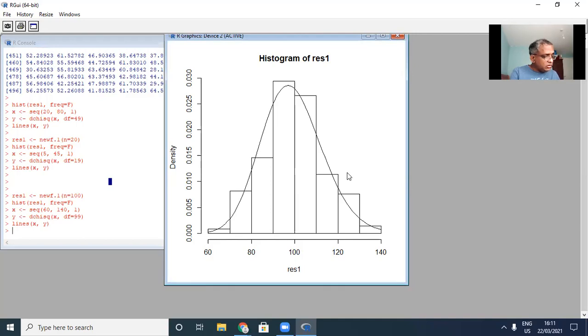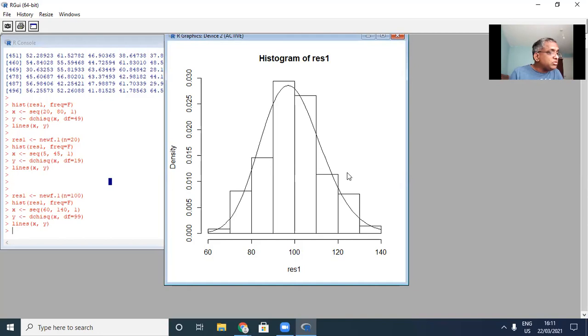The next thing I'm going to talk about is the sampling distribution of the sample mean and the sample median, which you should look at in the tutorial sheet. That's what the next section is about.